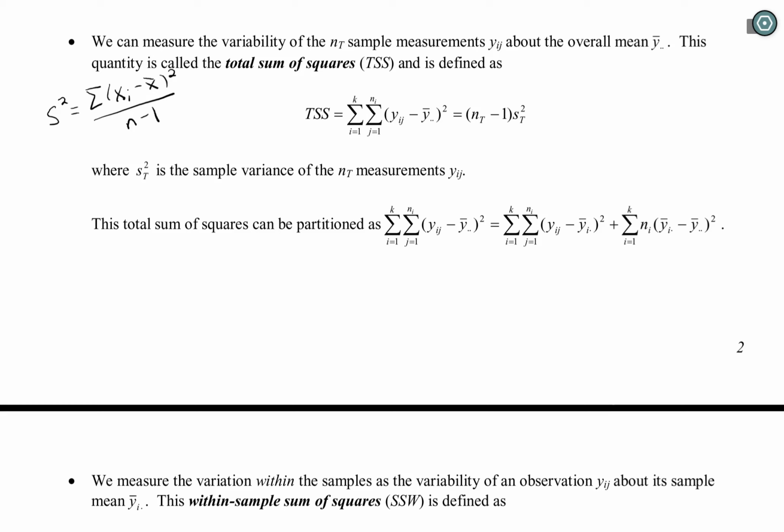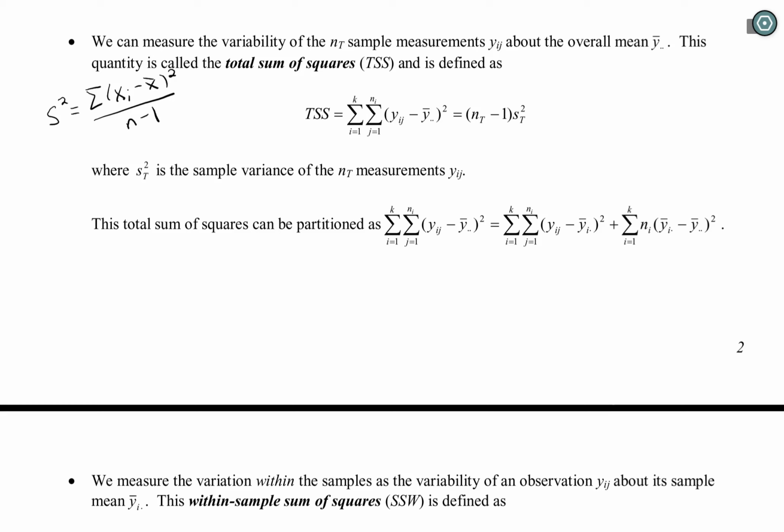We're doing a similar thing here, except our sum is a double sum because we've got to sum across each row in addition to the columns already. And so we have a double sum, and basically all this represents in here is a square deviation of the observation with the overall sample mean. And so this is just another measure of variability, we don't divide it by anything. We could if we wanted to, but we're not going to.